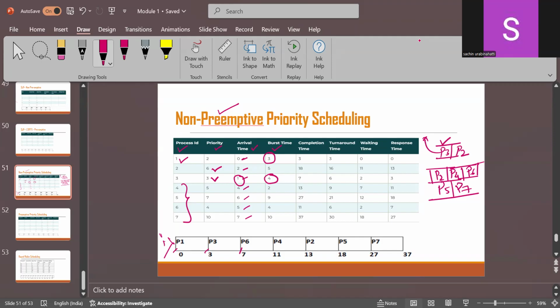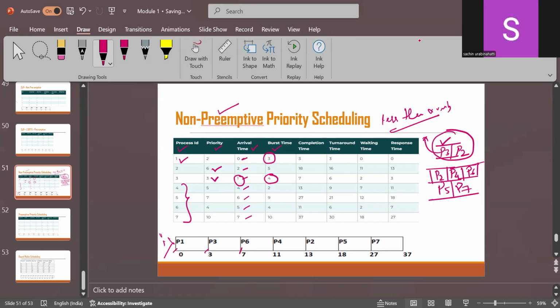They will state in the problem statement that the lesser the number, the higher the priority. If so, 3 has the higher priority. If instead the problem says the higher the number, the higher the priority, then 6 would be the higher priority. So when P2 and P3 are in the ready queue, definitely we give preference to the lesser number, 3, which has the higher priority.